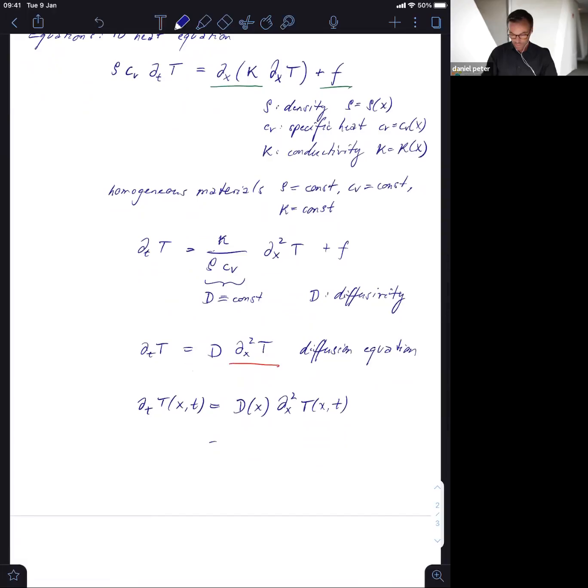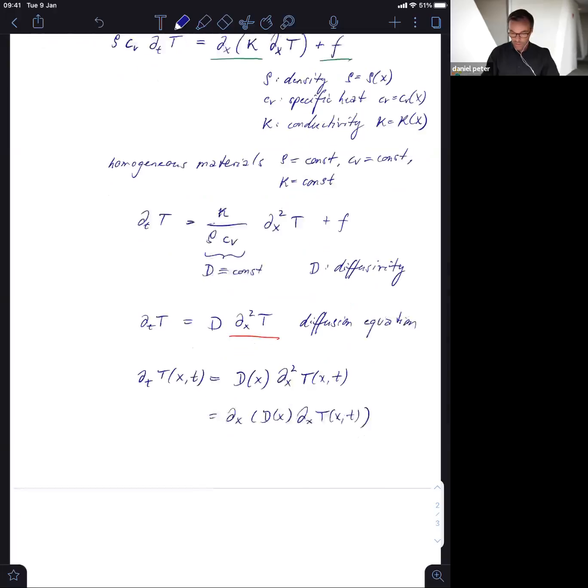So in principle, it would be more this thing, which would be the exact equation when you have a heterogeneous material, which you just specify by diffusivity.